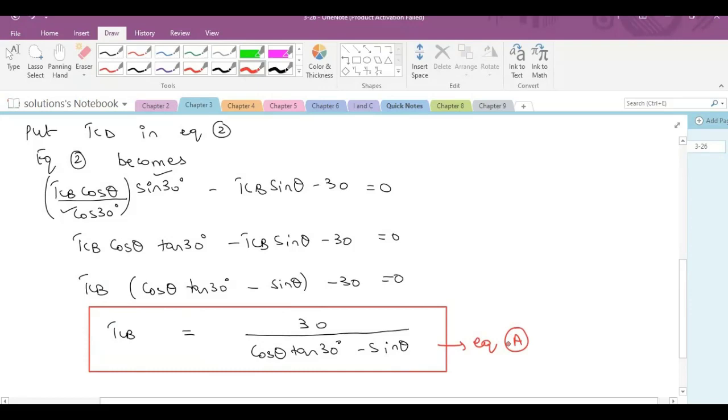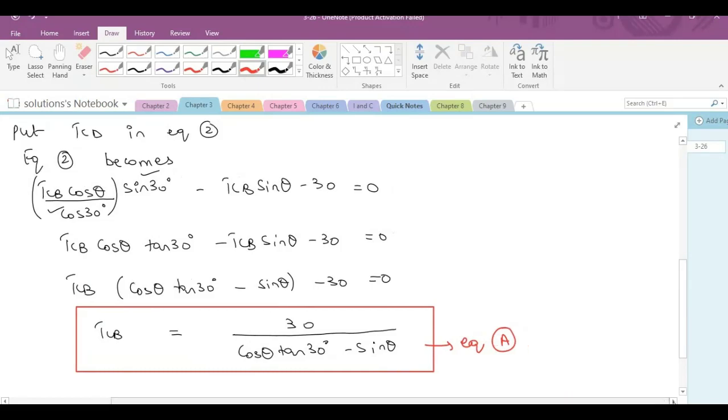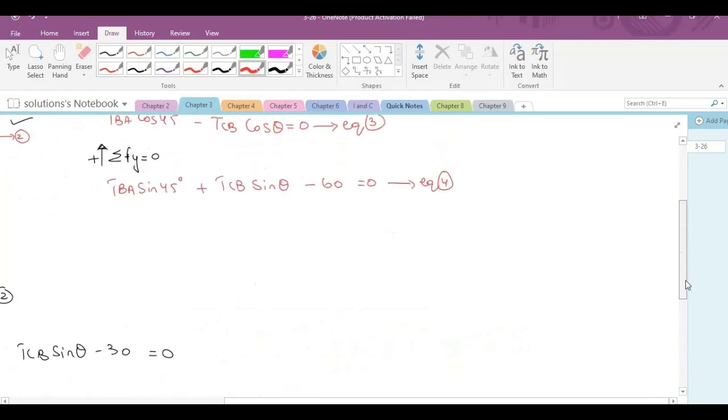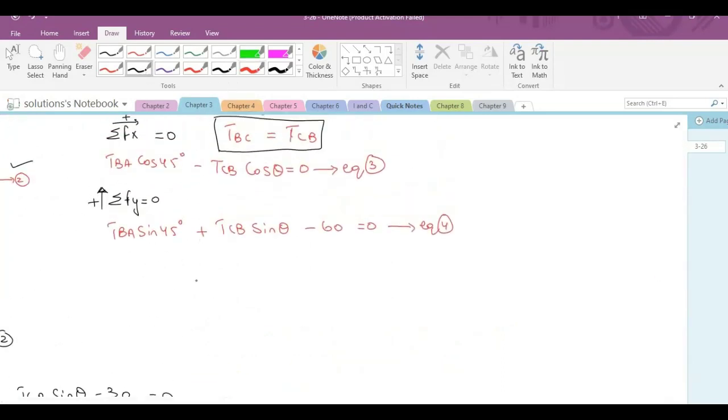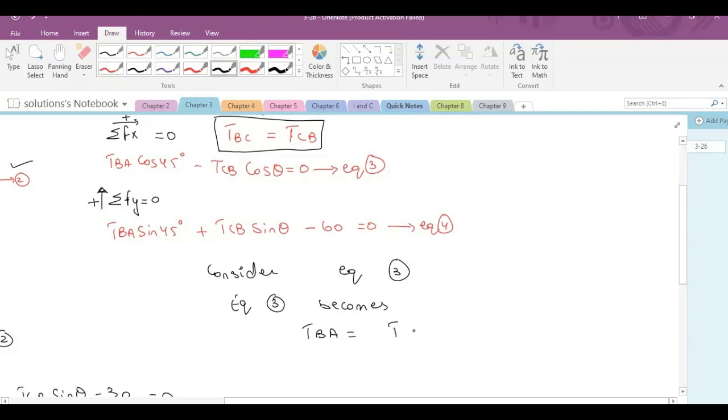Now I am going to do the similar with the equations 3 and 4. So from equations 3 and 4, consider equation 3, and if I make the TBA the subject, the equation 3 becomes TBA is equals to TCB cos theta upon cos 45 degrees.